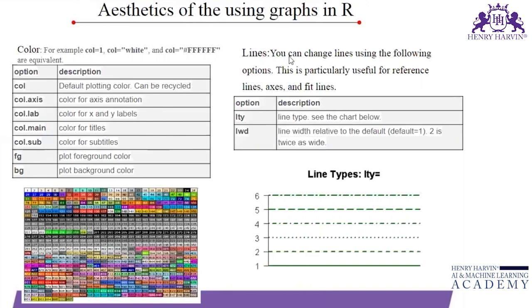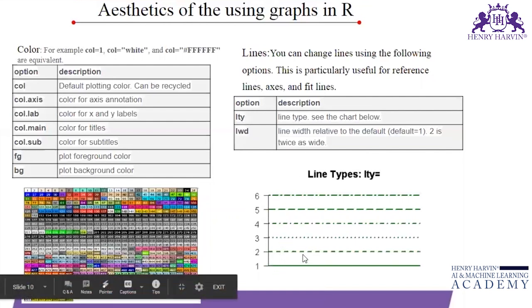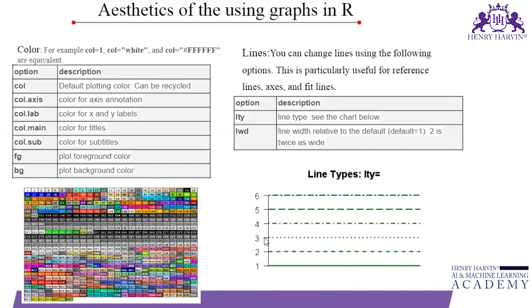Next, it is line. You can change the lines with the following options. There are two commands for that, lty and lwd. lty is the line type. You can see there are a number of line types mentioned in the picture. There is a straight line, dotted line, dashed line, and dot and dashed line. You can use different types of line depending upon the number.